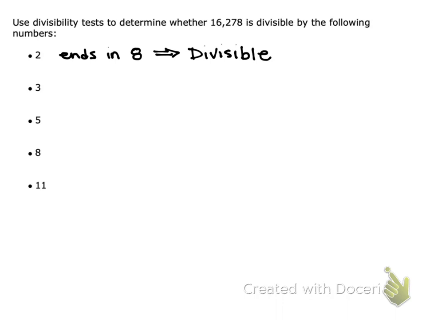All right, what about 3? Let's do the test. 1 plus 6 plus 2 plus 7 plus 8. Is that divisible by 3?